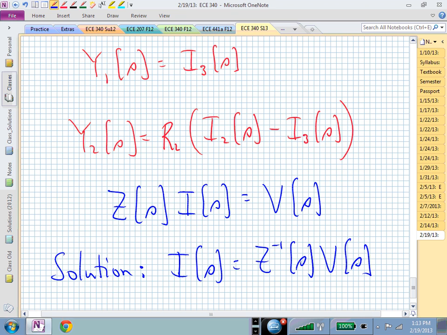If we're doing matrix manipulation, we have to observe right and left, or the order with which we're doing this, because matrices don't necessarily commute. We're hitting things on the left. If we hit both sides of this equation on the left by Z inverse, then we isolate I, and we're left with Z inverse of S times V of S. Question?